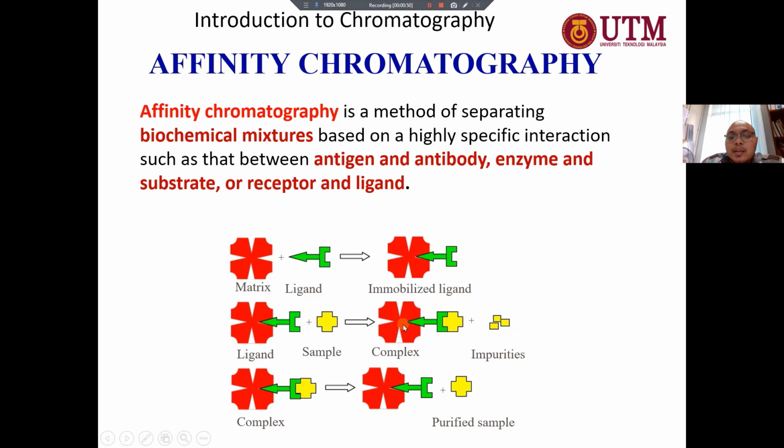The ones that will not attach to the ligand will be eluted first. The ones that attach to the ligand to form a complex will be eluted last. So the impurities will be eluted earlier compared to the sample that can attach to the ligand.